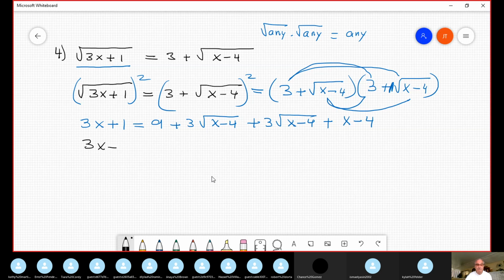3x plus 1 is equal. Let me see. We have 9 here, we have 4 put together like a 5, and 9 minus 4 is 5. And you have 3 radical something plus 3 radical something is 6 radical something, plus 6. So at least we reduce a little bit the size of the equation.